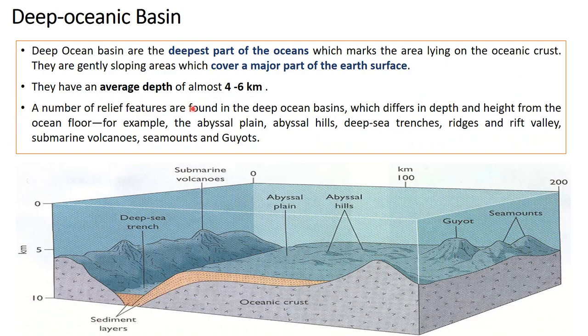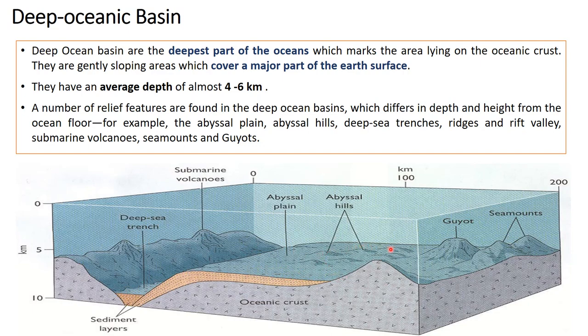A number of relief features are found in the deep ocean basin, which differ in depth and height from the ocean floor. For example, the abyssal plain, abyssal hills, deep sea trenches, ridges and rift valleys, submarine volcanoes, seamounts, and guyots. So we will discuss all of these features in the following slides. Here we have the deep sea trenches, which are the deepest part of the ocean basin. Then we have the abyssal plain, which is a flat monotonous plain.